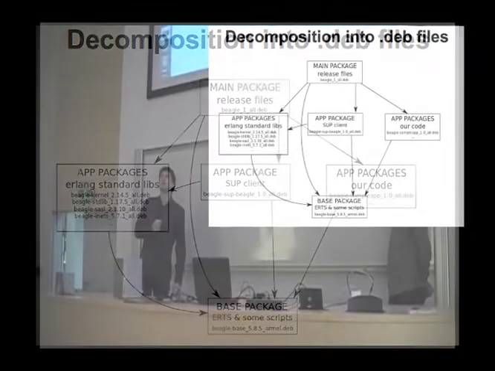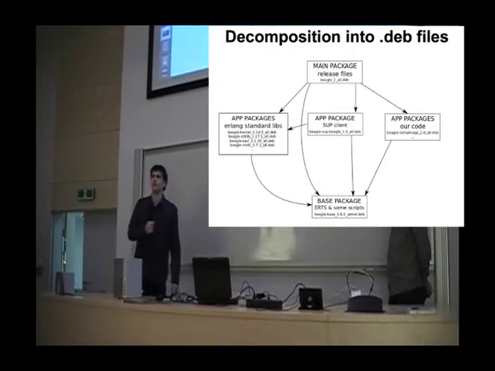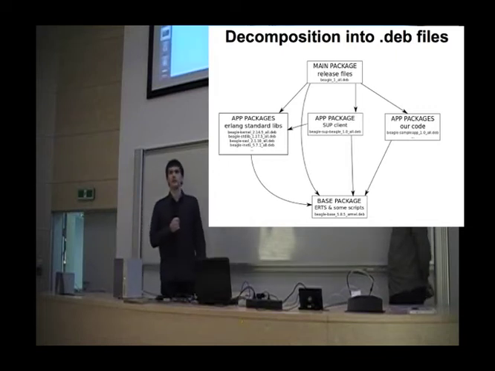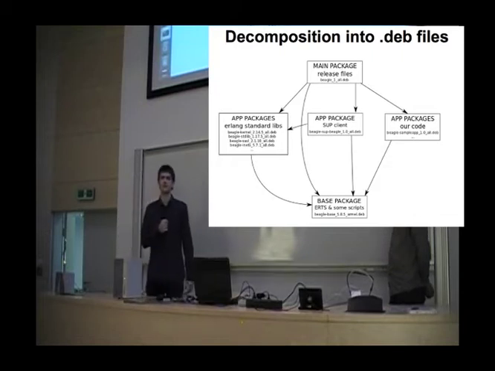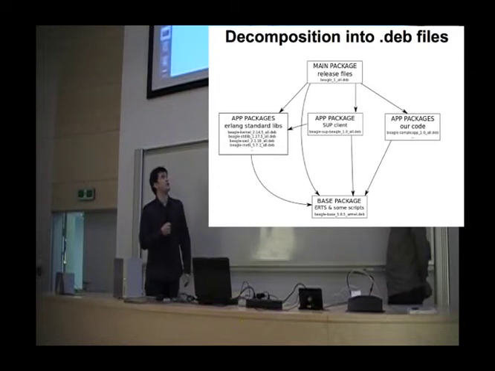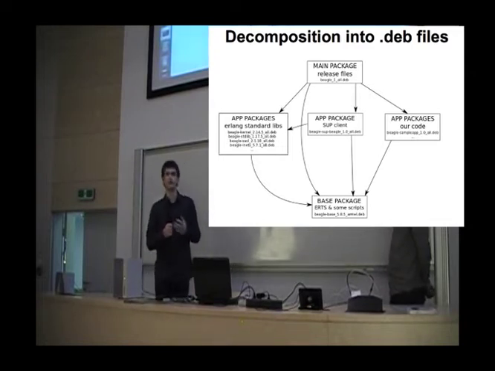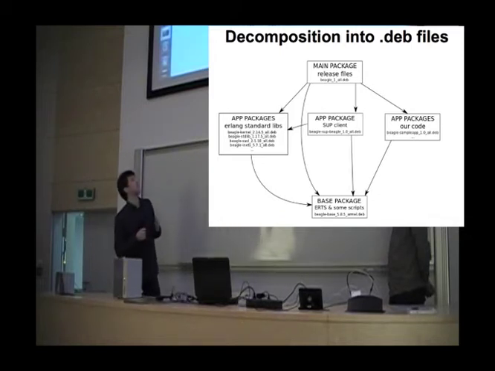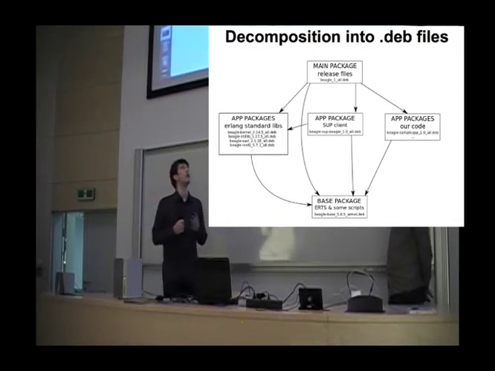The first one is the main package. This main package on the top represents the Erlang release. And this one is very important, although it does not contain any code, actually, because it contains only some configuration files and the definition of the release itself. So this is the only package that the system administrator should directly operate on, because our assumption is that the Erlang node always must be installed and upgraded as a whole.